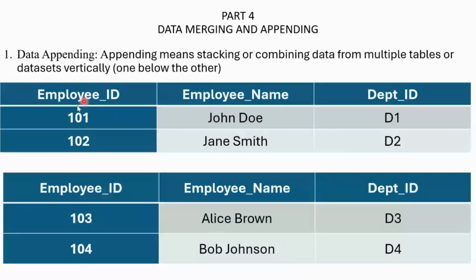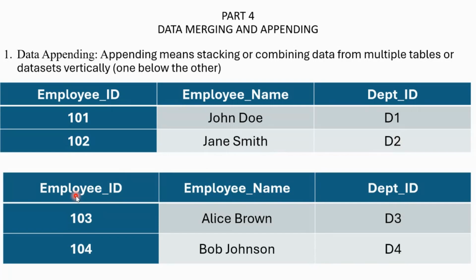This is table A, table B. Now this table A has employee ID of 101 and 102, John Dion, J. Smith, and department ID D1 and D2.